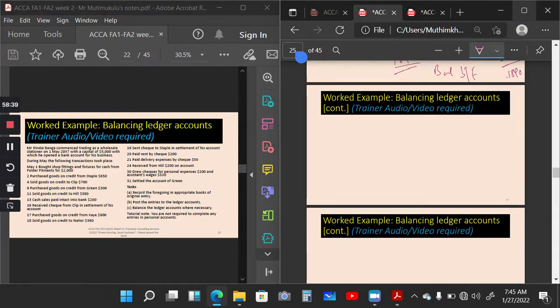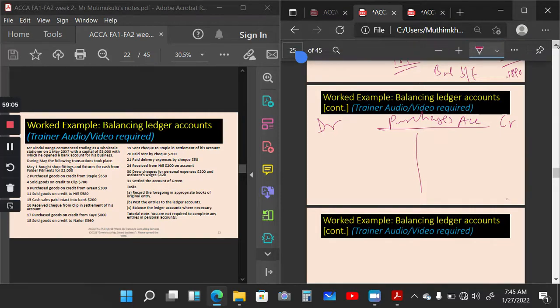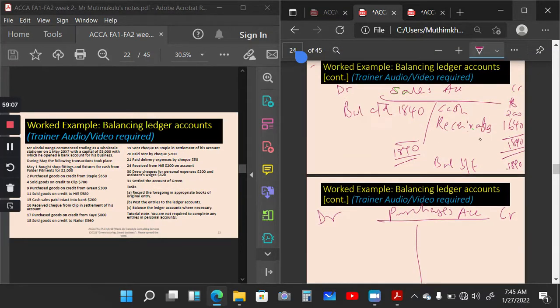Then we have got the purchases account. The purchases account, ladies and gentlemen, also has a debit and a credit. But purchases and sales usually oppose one another.